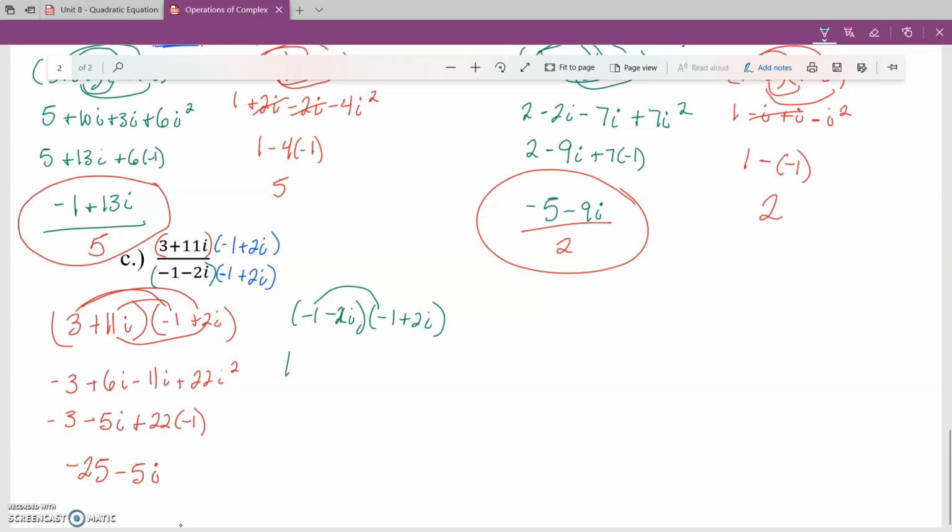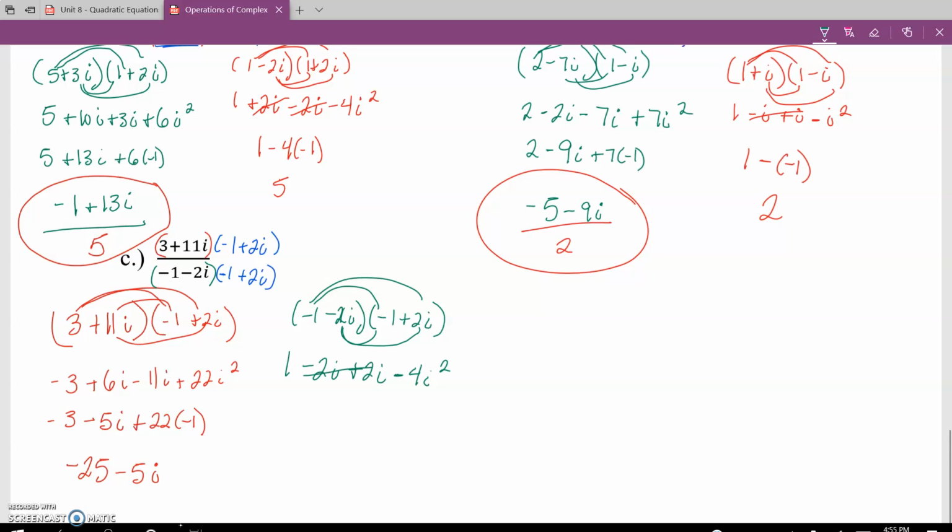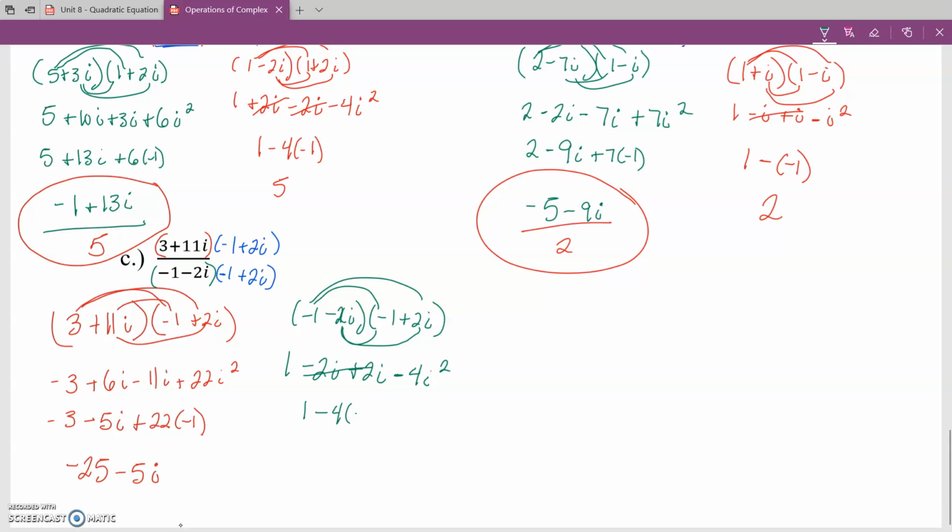Negative 1 times negative 1 makes a positive 1. Negative 1 times 2i makes negative 2i. Negative 2i times negative 1 makes a positive 2i. And negative 2i times positive 2i makes a negative 4i squared. Those will cancel out. 1 minus 4 times negative 1. 1 plus 4, which really just makes 5.